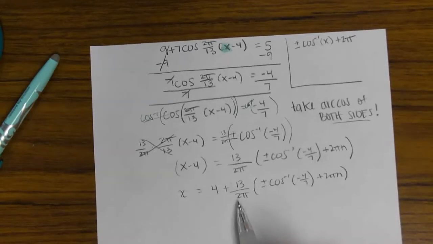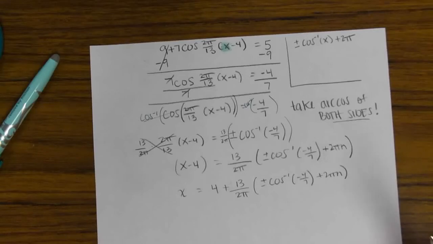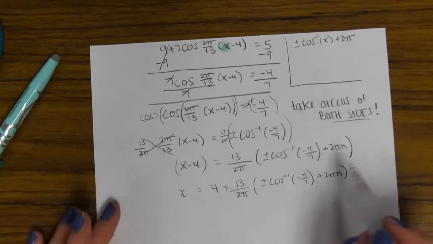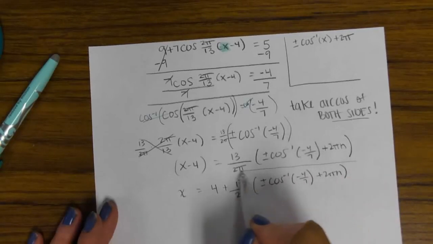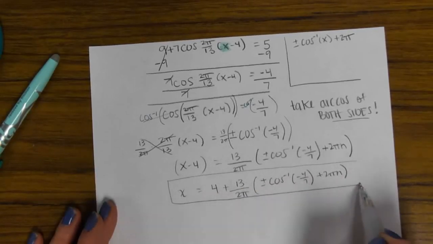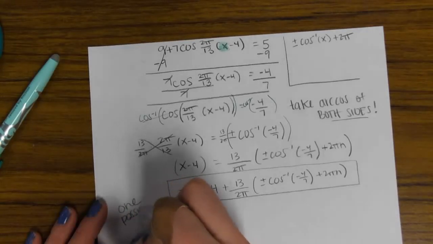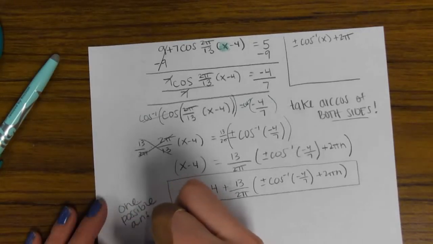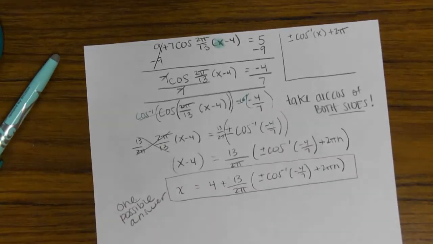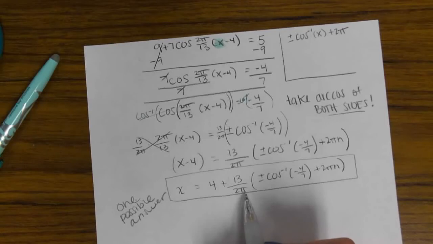Now we could distribute this in, and that might make it look a little bit prettier, but you don't have to distribute it in. You could leave it like this. So here is one possible answer. Another possible answer would be to distribute this in.